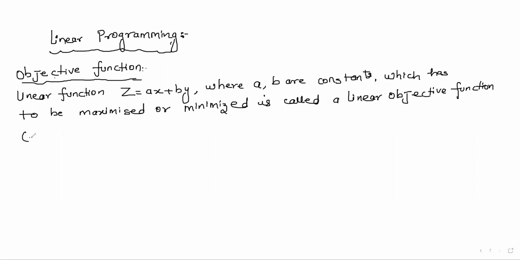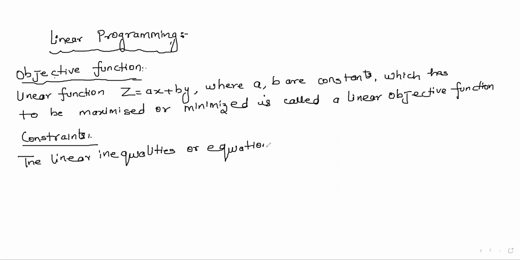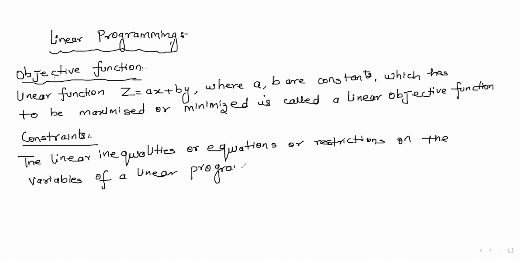Next is constraints. The linear inequalities or equations or restrictions on the variables of a linear programming problem are called constraints.